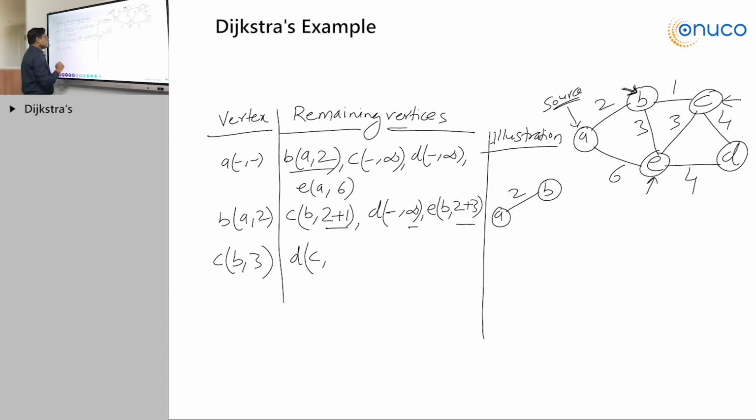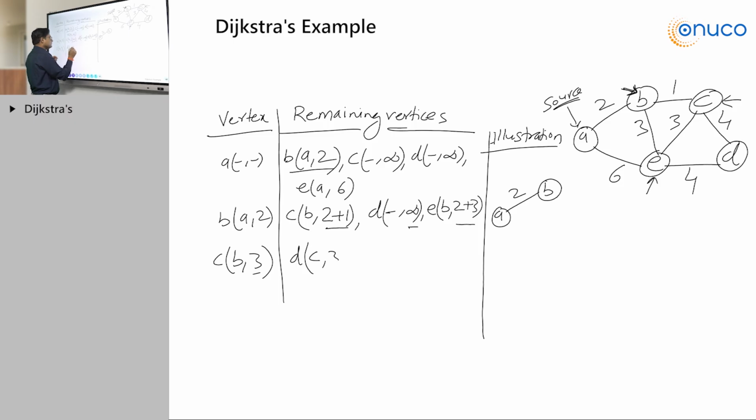So what is the distance from C to D? C to D is 4, but the distance from A to C is 3. We have written B here because it is via B, but the distance from A to C is 3 and C to D is 4.